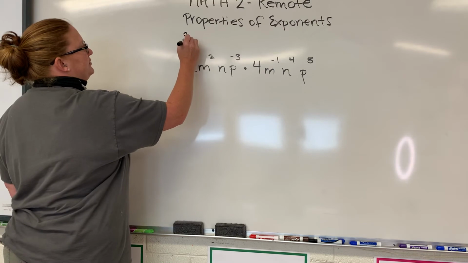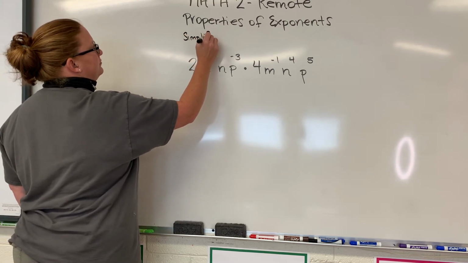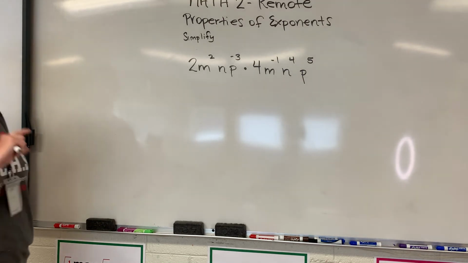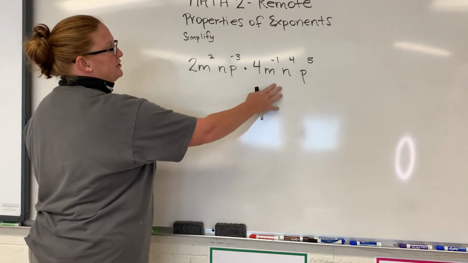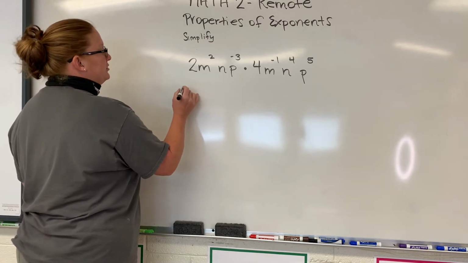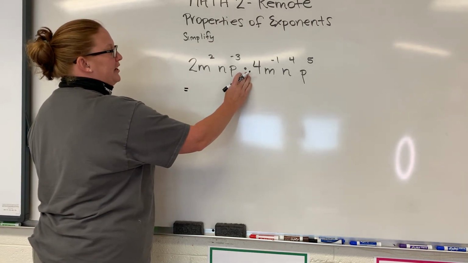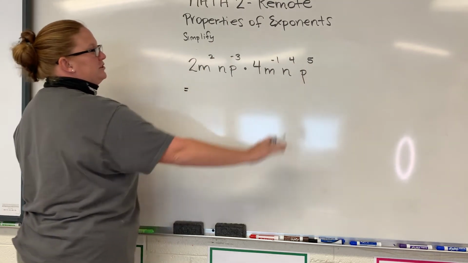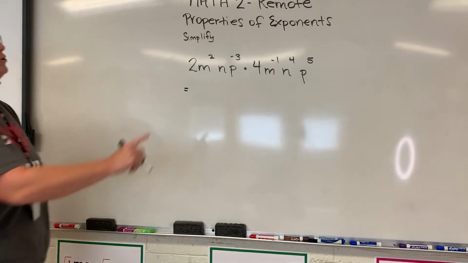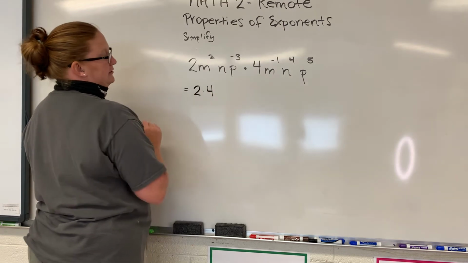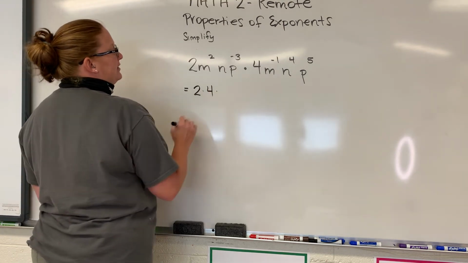That's usually the direction, simplify. We have a couple things going on. We have some negatives in here. We can deal with the negatives now or just wait. Whatever happens when stuff is mixed together, you still just want to do one step at a time. So I'm going to start with just using the multiplication. And what do we do with multiplication? We multiply the coefficients, but add the exponents. So I have 2 times 4, okay?